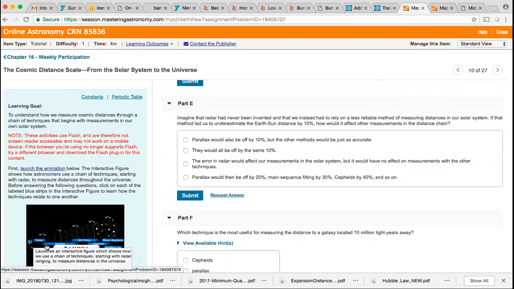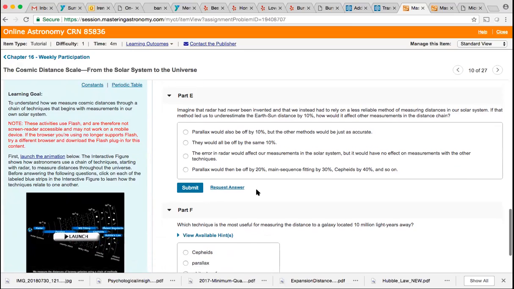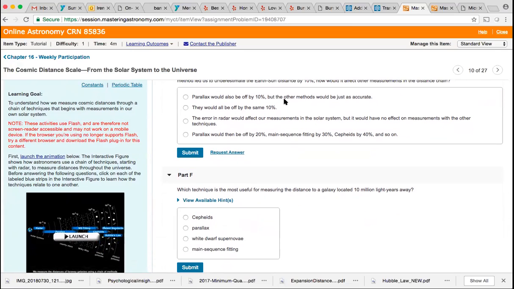The radar. So you have the parallax. So it would definitely affect the parallax, right? Yes. Because it's the base of a triangle, right? So the correct parallax would also be off by 10%. They would all be off by the same 10%, is the answer which it wanted. This one. Yes.